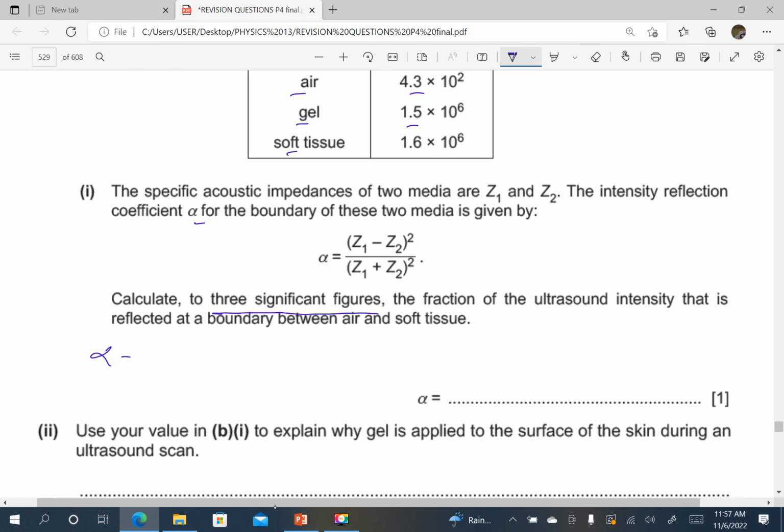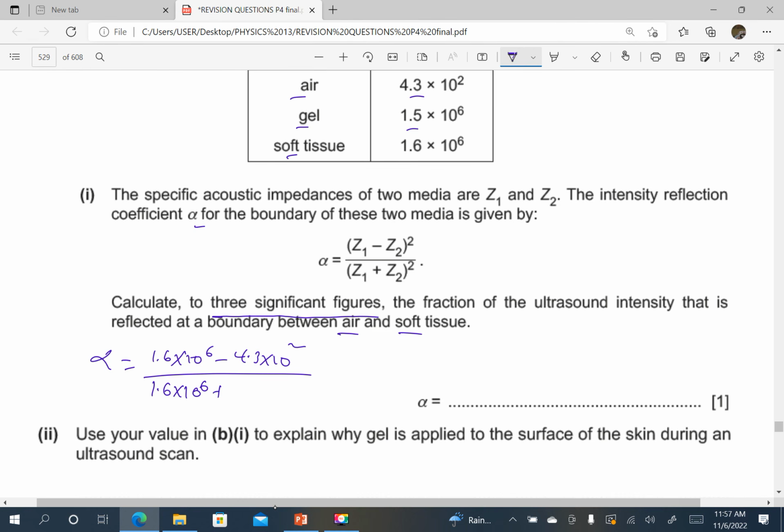So we just substitute: alpha is equal to (1.6 times 10 power 6 minus 4.3 times 10 power 2) divided by (1.6 times 10 power 6 plus 4.3 times 10 power 2), squared.